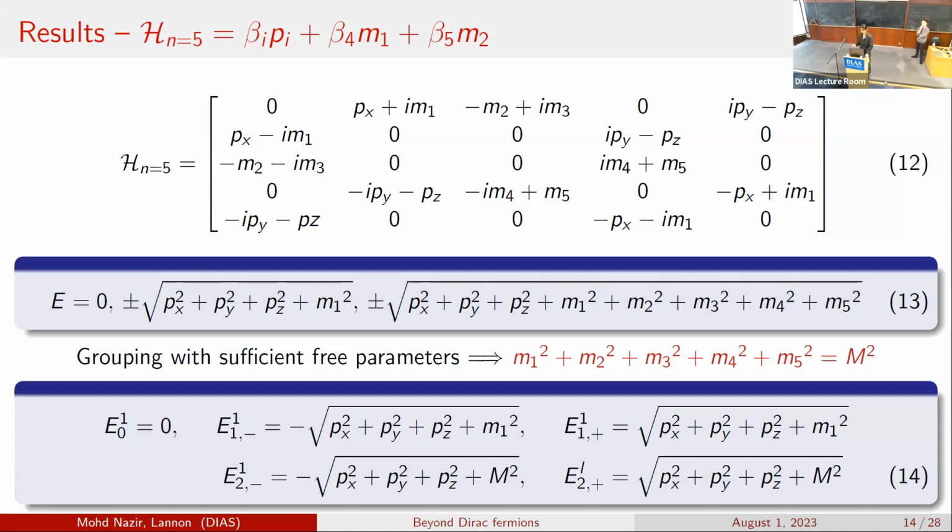Since there's a rotational symmetry between M2, M3, M4, M5, can't you just turn off M3, M4, M5 and have just M2 and achieve the same result? Yes, I think that would work. It would work, but just to show it is possible to build additional mass terms, you can. But yes, certainly you can remove these mass terms as well.